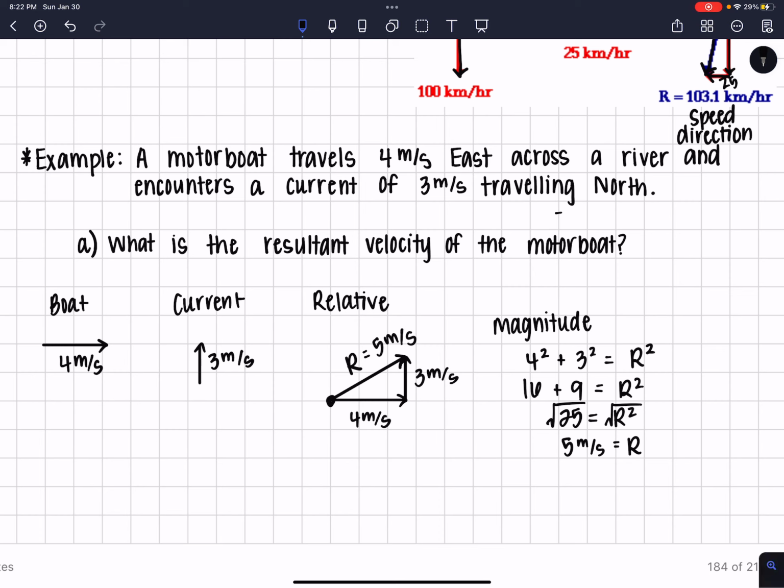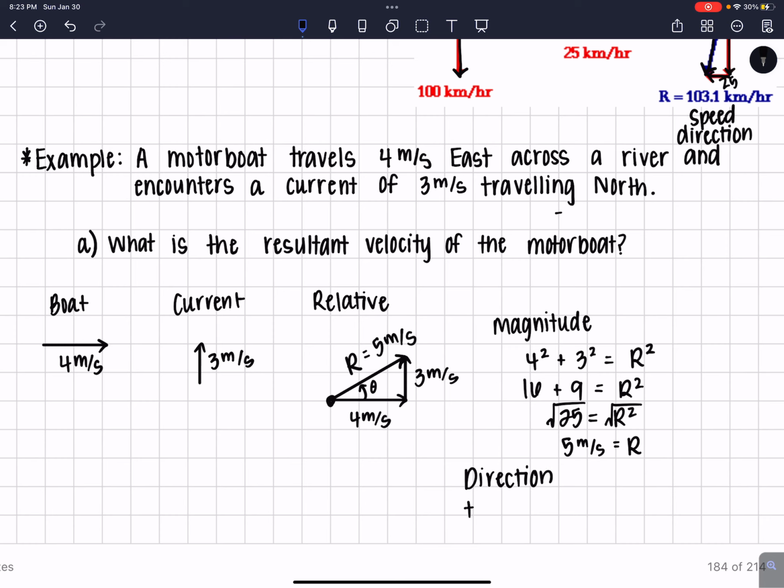But that's not the only part of the resultant vector I want to know. I also want to know what this direction is, what this theta is. So I'm going to find this theta by using some trig functions. And I've got all of the sides in my triangle here, so I can really use any trig function, but I'm just going to use the most popular one that we use, which is the tangent, more often than not.